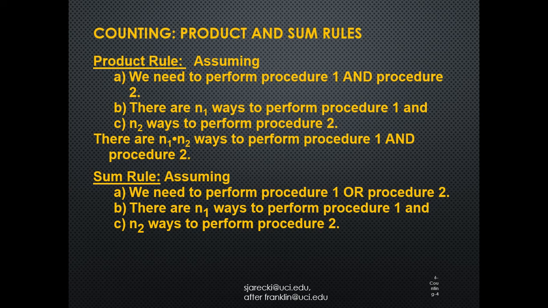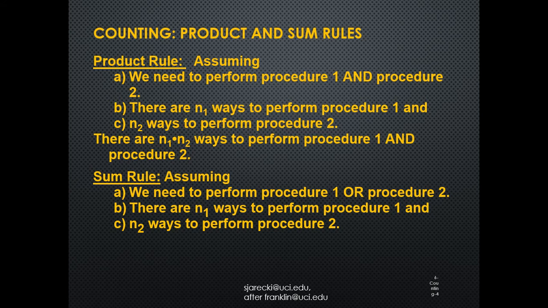For the sum rule, the keyword in a problem that tells you to apply the sum rule is the word "or". So we need to perform procedure 1 or procedure 2. For procedure 1, there are n1 ways, and for procedure 2, there are n2 ways.